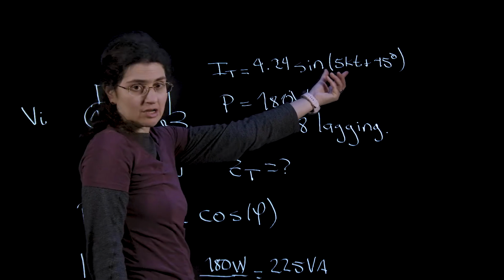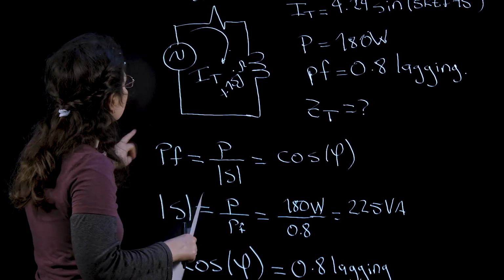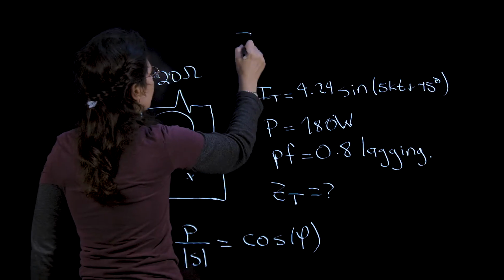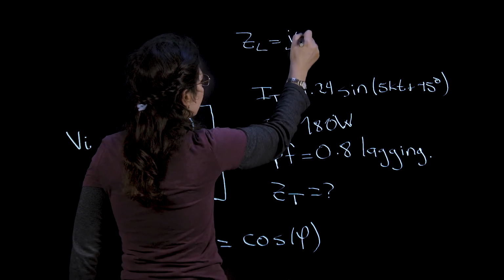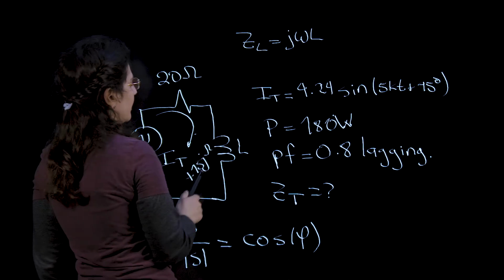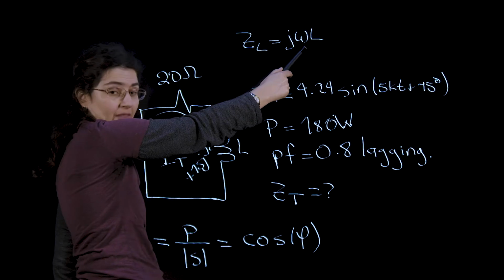And now comes the omega into play, because we need to calculate the value of L here. And we know that the impedance of an inductor is j omega L. So we know the impedance j omega L of the inductor, and we know the frequency at which it has that impedance.